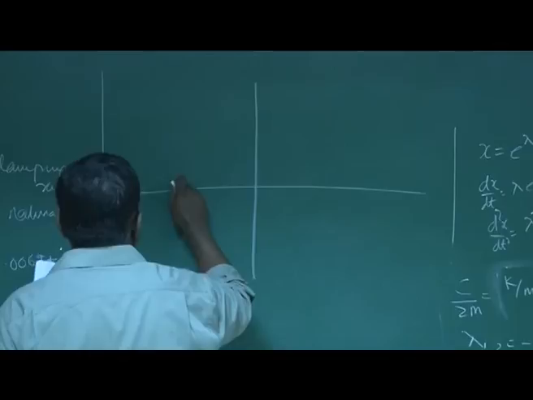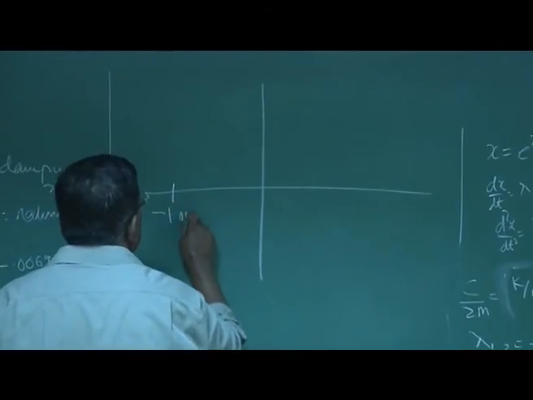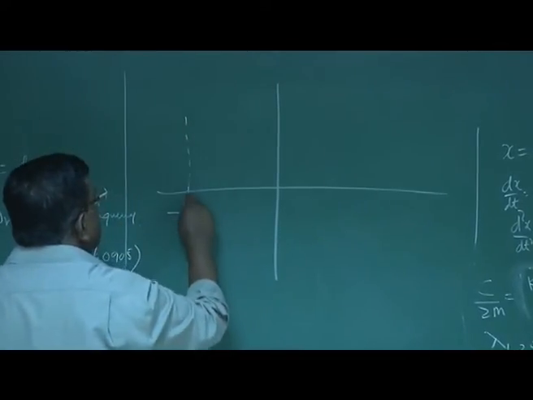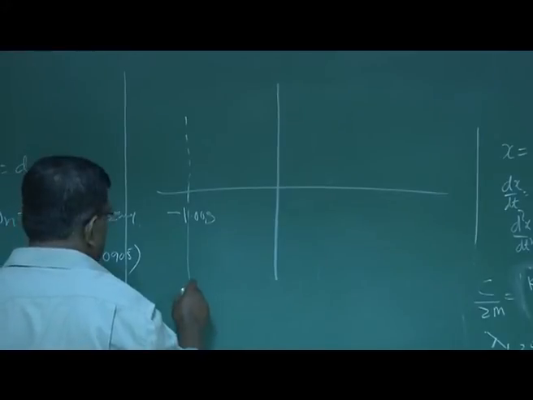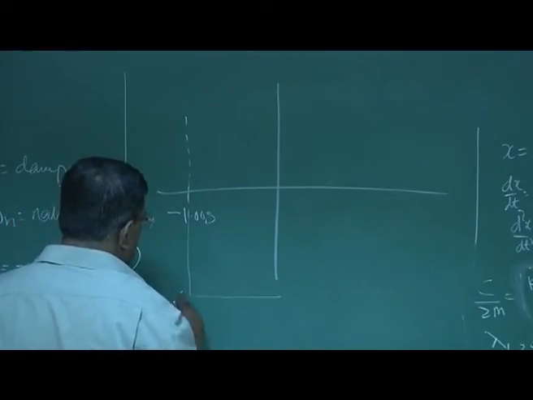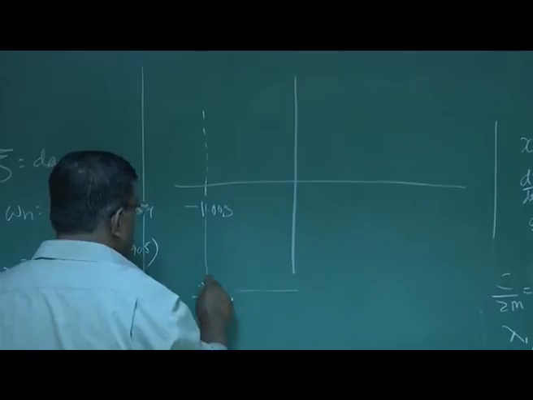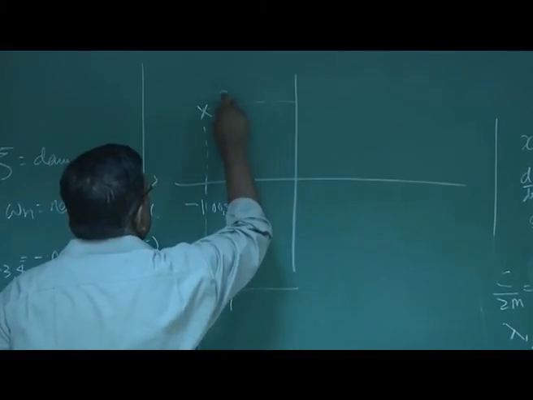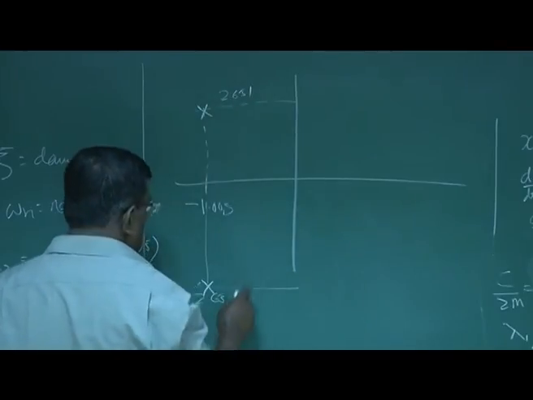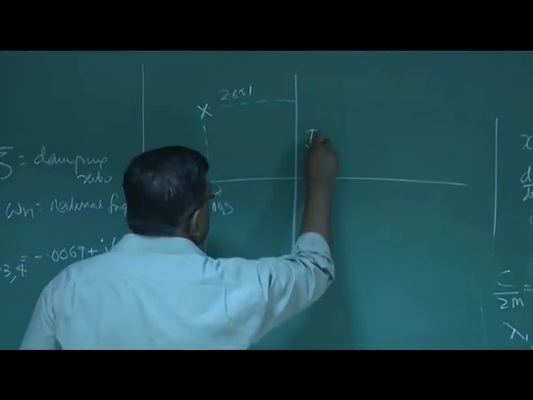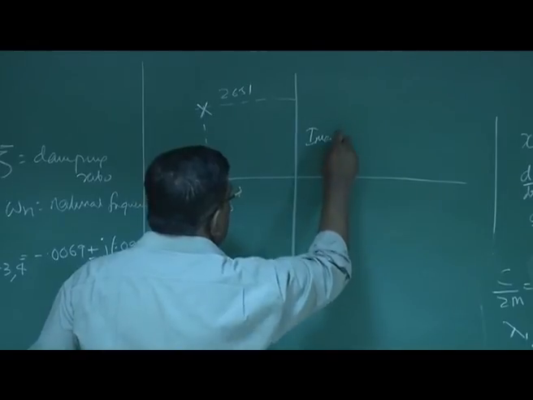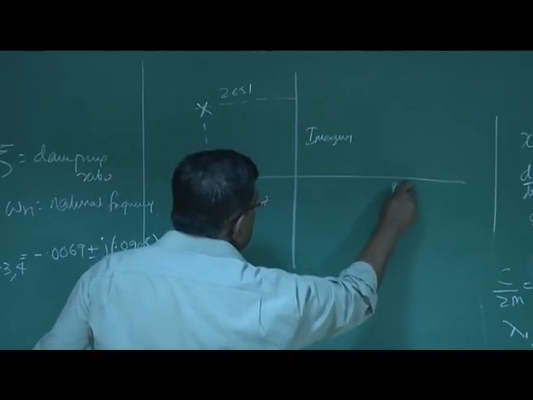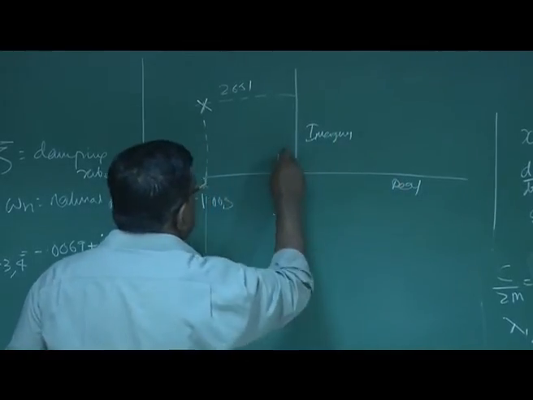You'll find roots are also given like this. Let's say minus 1.008, and this is 2.651, one here, this is 2.651, this is the imaginary axis, and this is the real axis, this is of course negative, this is positive.